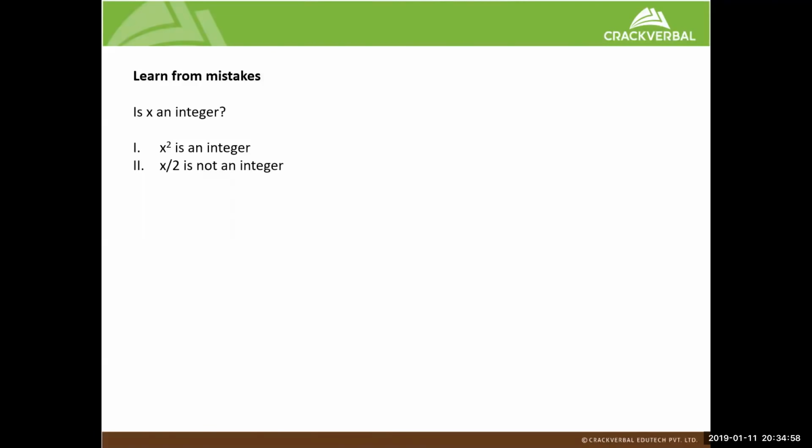Guys, again, something that I'm going to repeat: anything which comes in 5 to 10 seconds is something you always take a look at again.